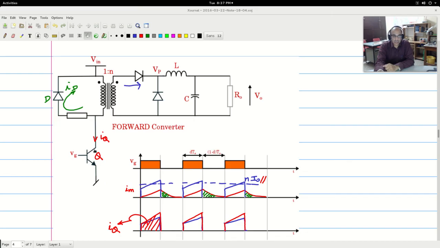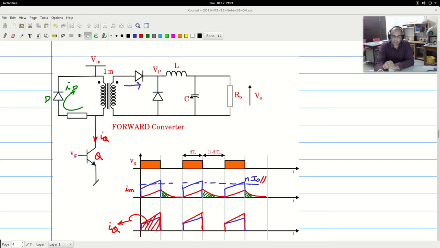So N times I naught plus delta IL will flow here, load reflected plus I magnetizing. These are the two components that flow through here, and the current has to be accordingly rated. And the diode current here will be rated exactly the same way as we discussed for the buck converter circuit.